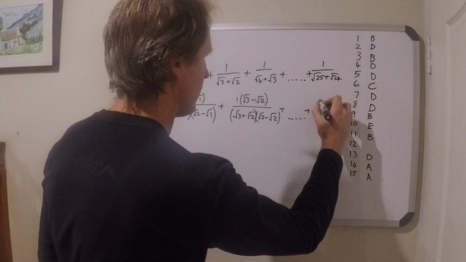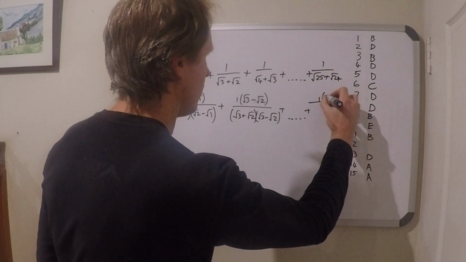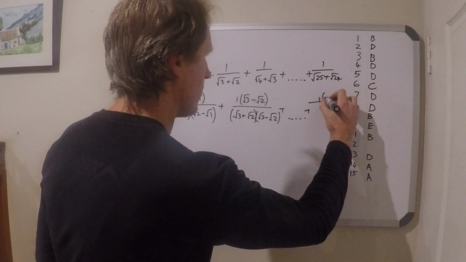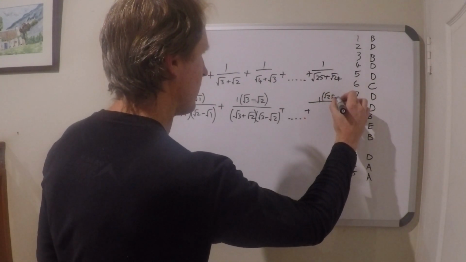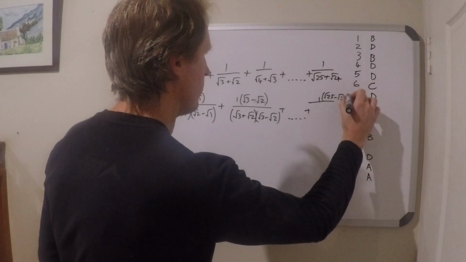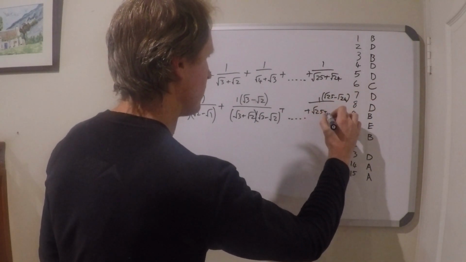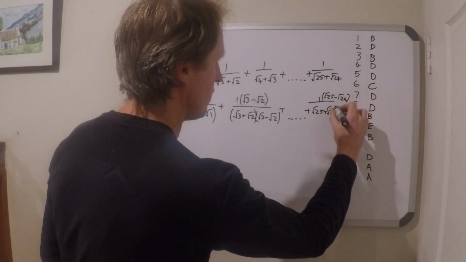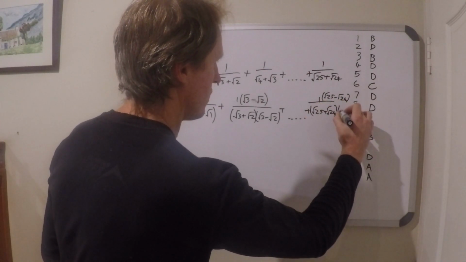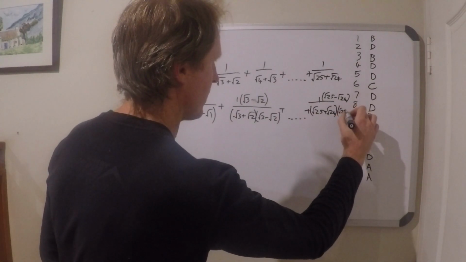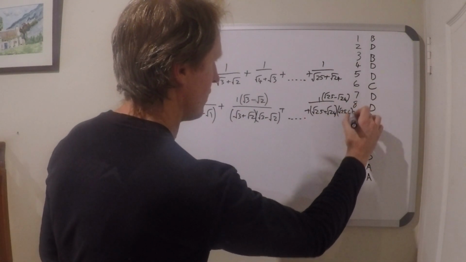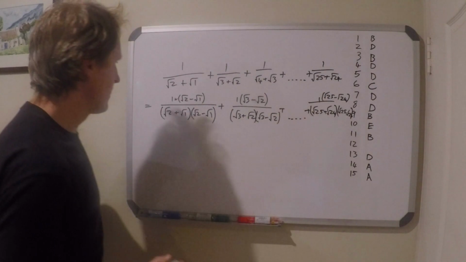And finally plus 1 over root 25 plus root 24, times root 25 minus root 24 over root 25 minus root 24. And running out of space a bit there.